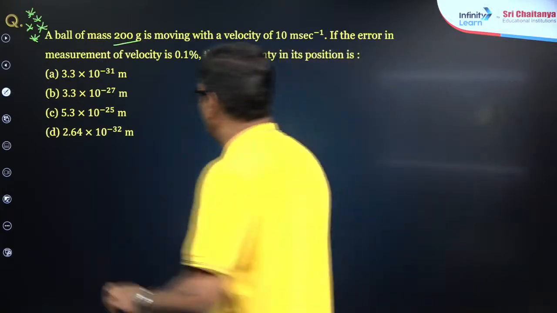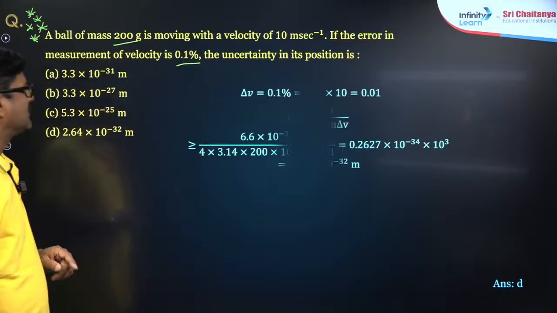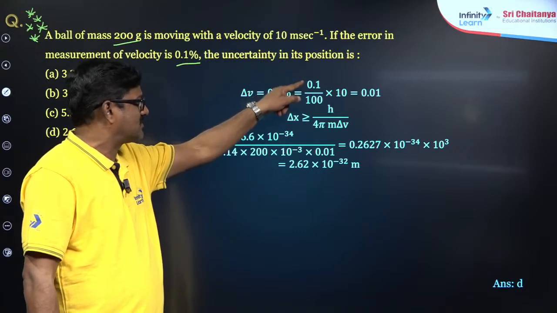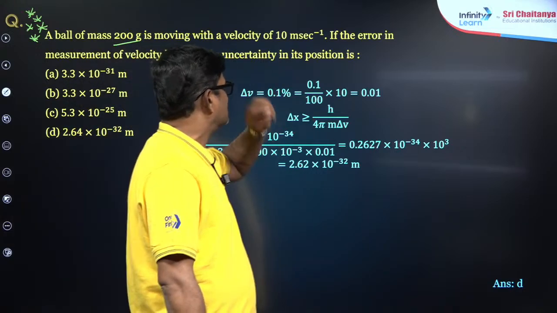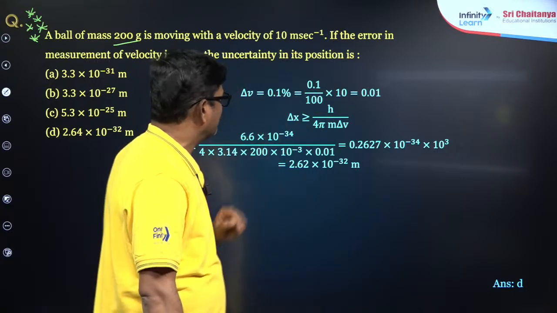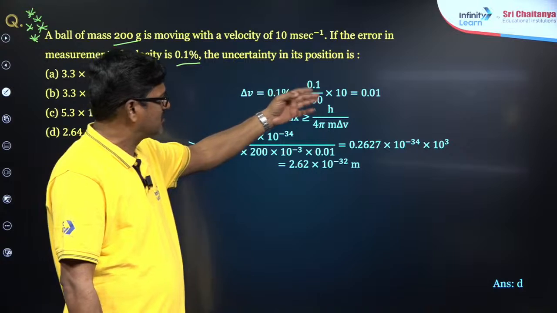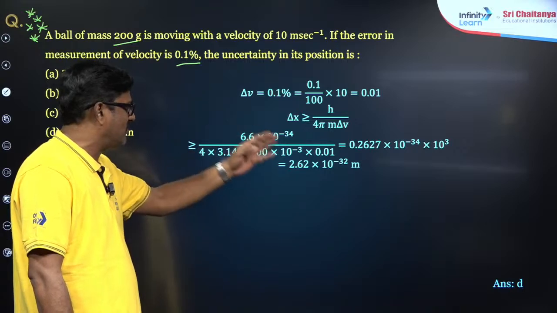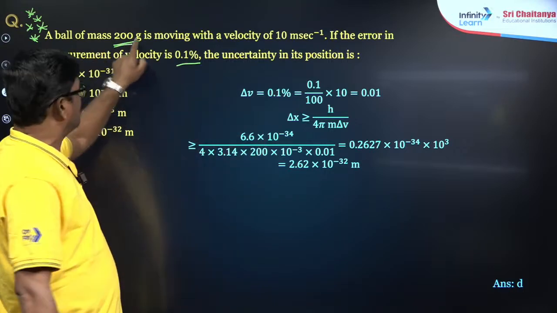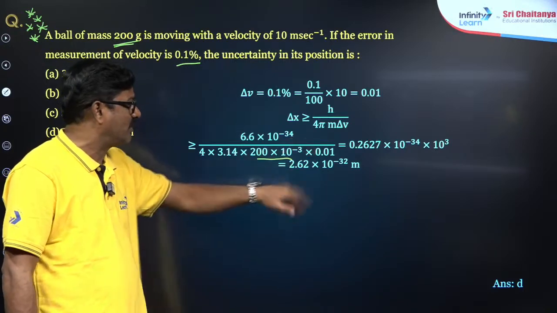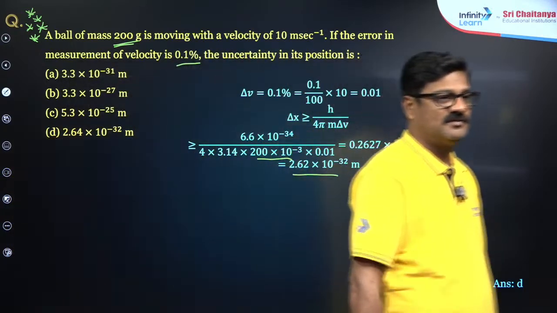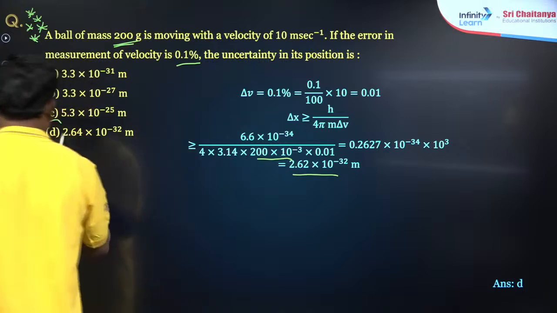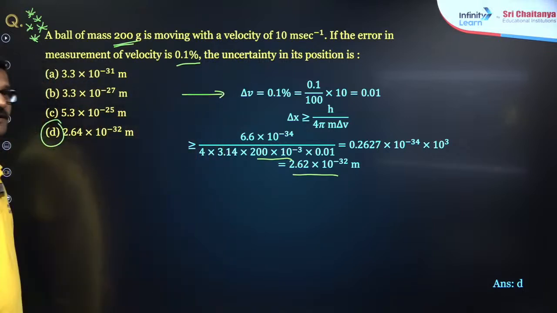Now the velocity is given with 0.1 percent uncertainty. So delta V is going to be 0.1 percent, so in fractional form it is going to be 0.01. So delta X is h by 4 pi m delta V. Take this delta V over here. The mass of the ball is 200 gram, converted to kilogram. So you are going to get 2.62 into 10 power minus 32. So my answer is going to be option D. You just see, this is tricky.